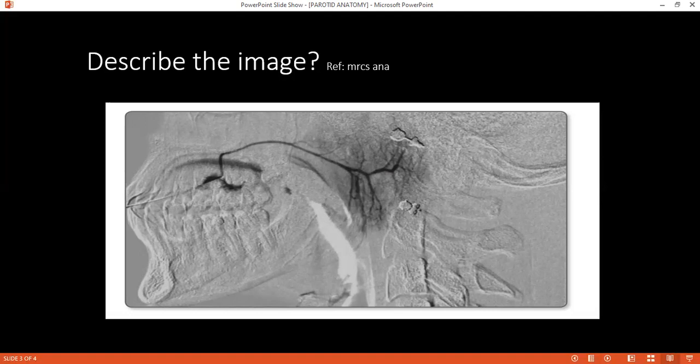Here we can see continuity of the dye from the upper second molar region going all the way to the gland, ma'am. Do you see any obstruction anywhere? There is no obstruction. There is continuous flow, ma'am.